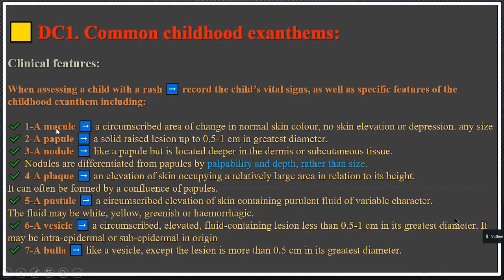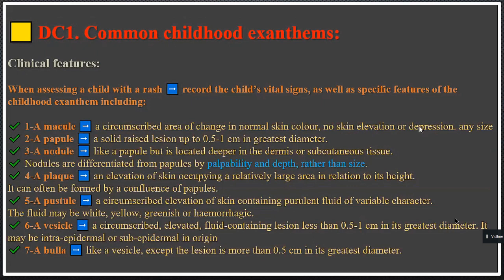Here you have to be familiar with the description. Is it macule, papule, nodule, plaque, pustule, vesicle, bulla? It's very easy to differentiate between them. So macule here means there is no skin elevation or depression.